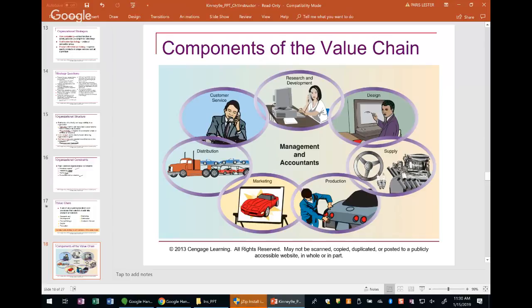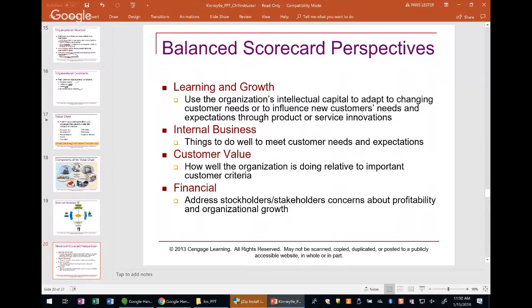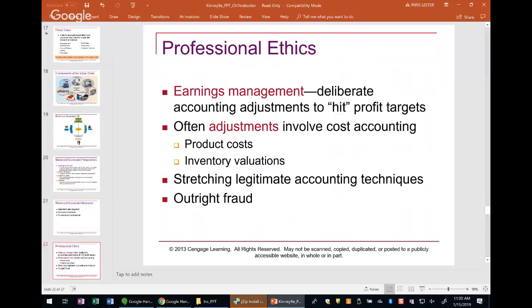Marketing is another class. Management's another class. Some of these things I'm not interested in. These we have to be. Product cost and inventory.